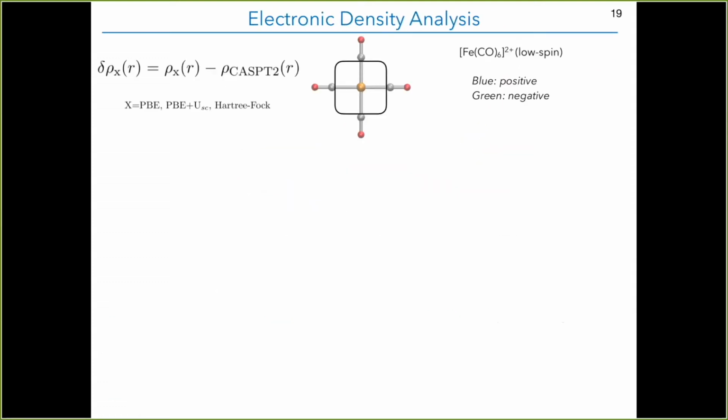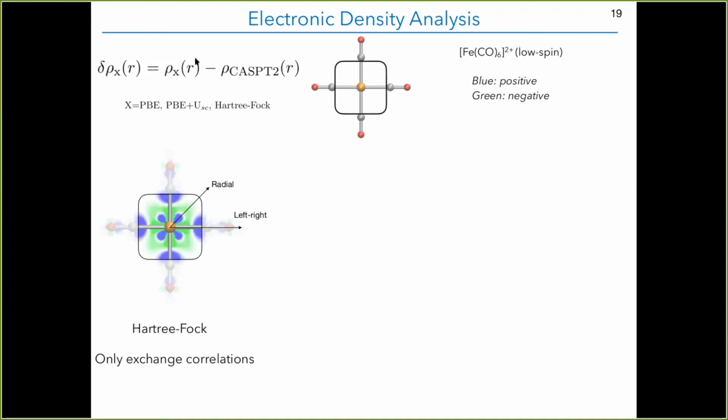Now let's move on to analyzing the electronic density and its spatial distribution. For doing so, we compute the delta rho between 3 different approaches, PBE, PBE plus U, and Hartree-Fock, comparing them against the relaxed density obtained with CASPT2.